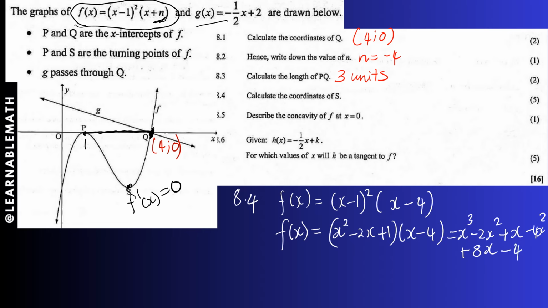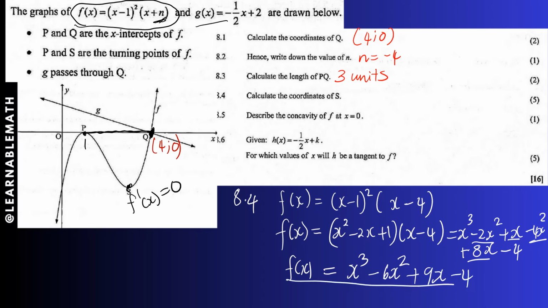Then we can simplify to say f(x) = x³, and adding like terms, -2x² - 4x² is -6x², then x + 8x is +9x - 4.